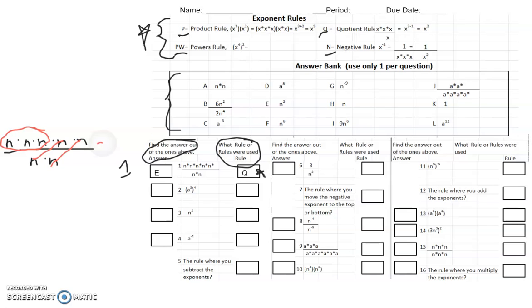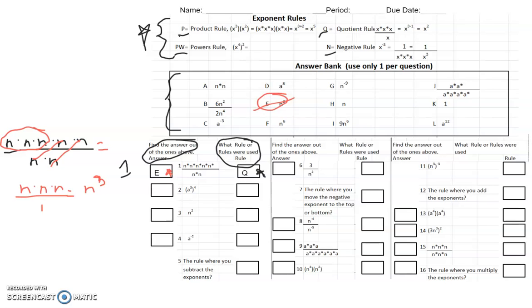So really, this is equal to n times n times n over 1, which is just n to the 3rd power, which if I look in the answer bank, that would be E. So I can cross off E. And then again, I would type that into that box right there.